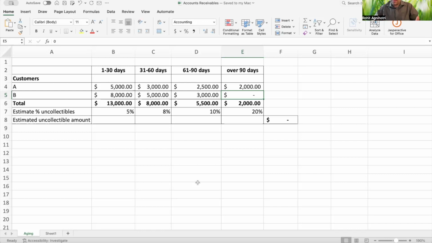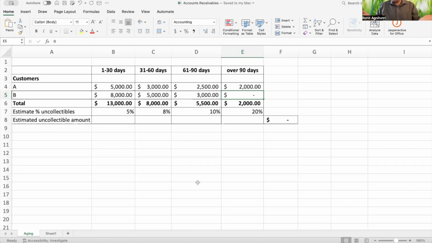The older a balance is, the higher the risk that that money is not going to be paid. Because if there was no problem, the business would have paid you that money already. So if you see something that's over 90 days, well, why is customer A not paying you $2,000? Because that's a very, very old balance.